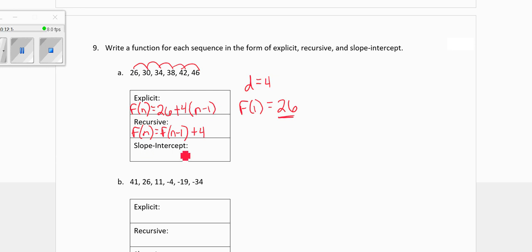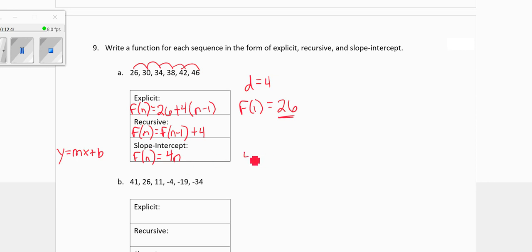So my slope-intercept looks a lot like my explicit formula. Remember, slope-intercept is y equals mx plus b. So I can write it as f of n equals, and now I have my slope, or my common difference, in this case, of 4n. And instead of adding to get to 26, I need to do a little bit more than that.